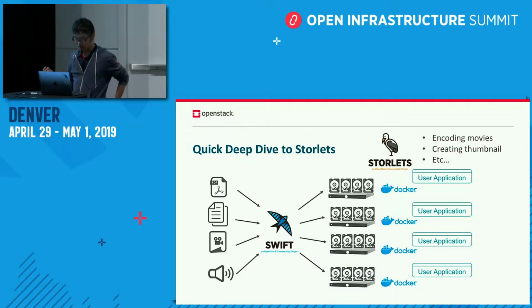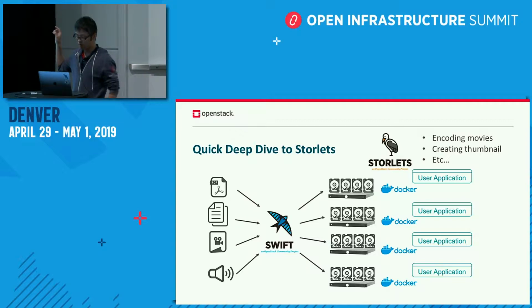When the API is called, Storlets automatically creates the application sandbox via Docker, containerized in the Swift hard drives, then attaches the Swift data to the container as the stream input.